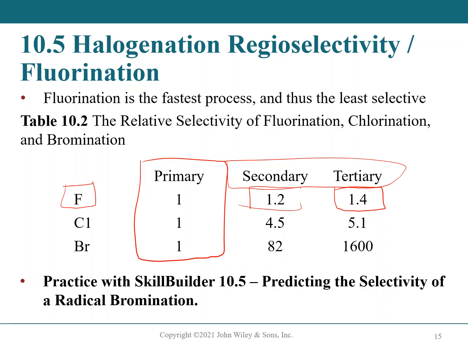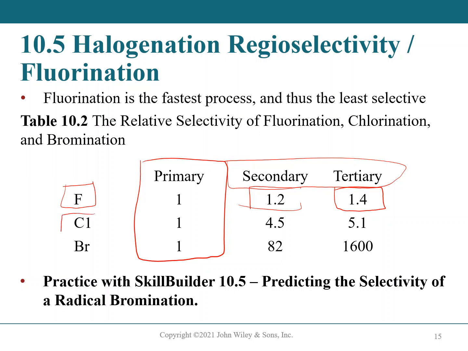So you can see the usefulness for the radical fluorination reaction is rather poor. If you have exclusively primary or exclusively secondary carbon atoms, then you can have a useful reaction. But if you have multiple different types of carbons, primary, secondary, and tertiary mixed in, you're going to get a large mix of all possible combinations.